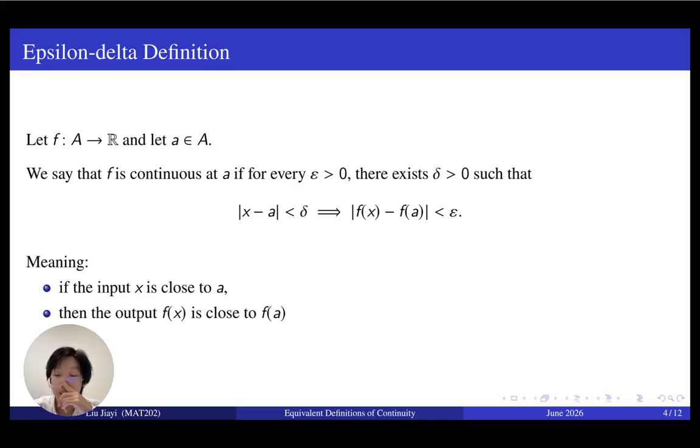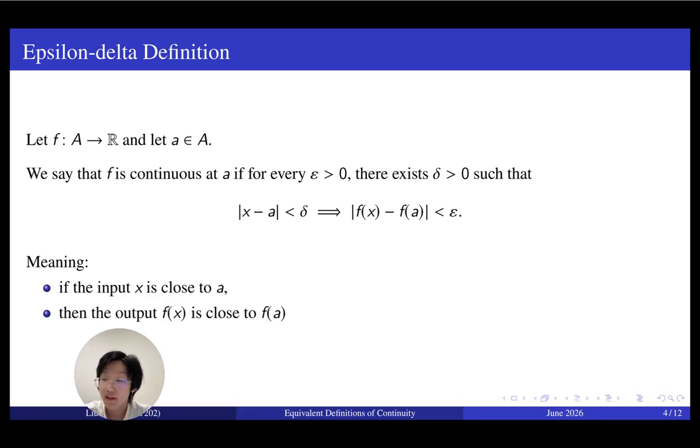Now, I will introduce the epsilon delta definition. Let f be a function from A to the real numbers, and let a be a point in A. We say that f is continuous at a if for every epsilon greater than 0, there exists a delta greater than 0 such that if the absolute value of x minus a is less than delta, then the absolute value of f of x minus f of a is less than epsilon.